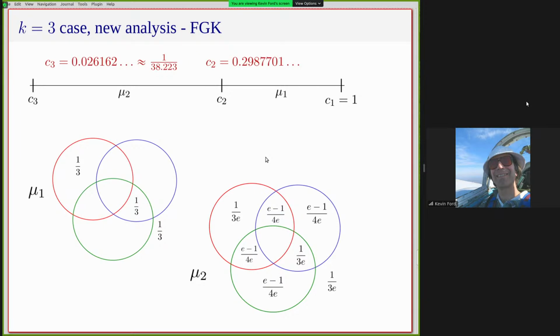Part of it comes from certain entropy inequalities, and since there's a natural logarithm in the entropy, maybe at a meta scale, it's not totally surprising that e should appear in the optimal answers. In general, the measures are not so easy to write down. All right, I think I will stop here.